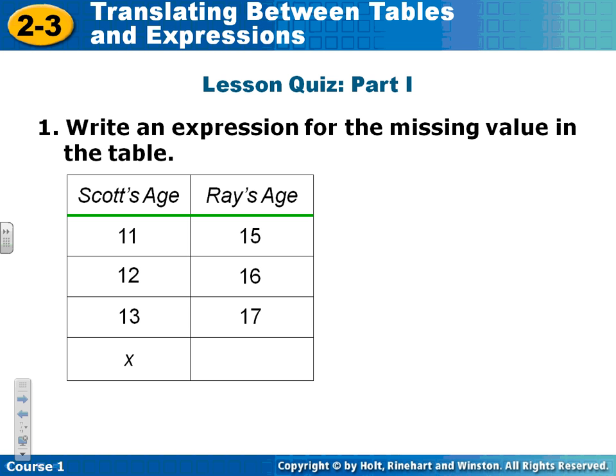Okay, let's test your theory. When we add 4 to 12, do we get 16? Yes. When we add 4 to 13, do we get 17? Yes. So all we have to do is write that in here. Whatever the age is, x plus 4. There's your answer.